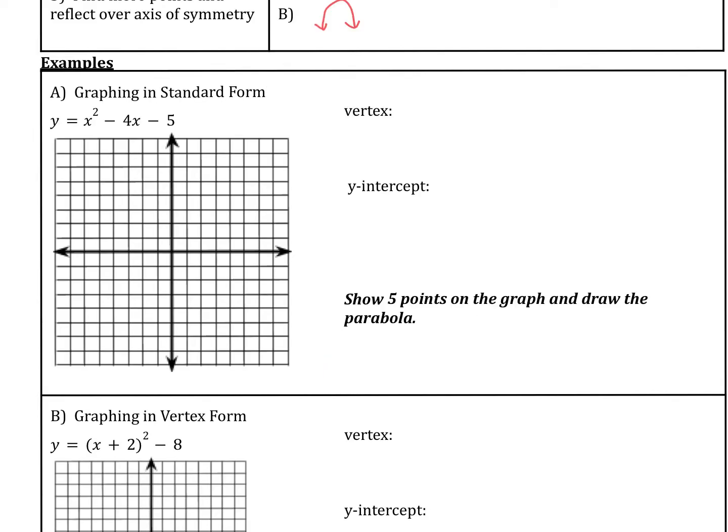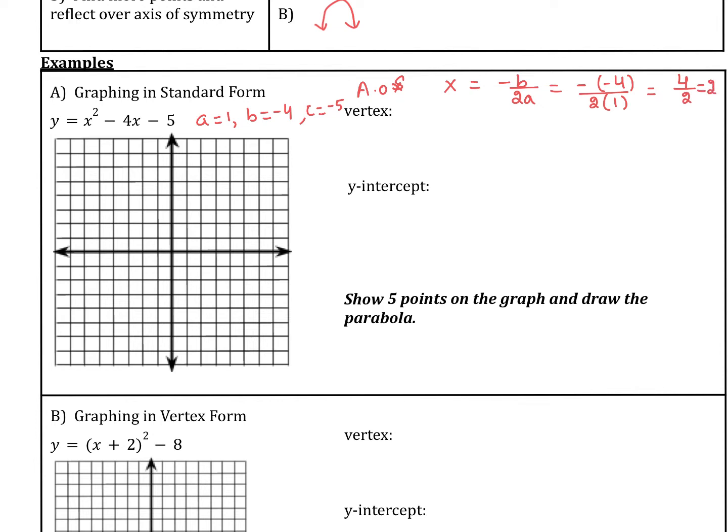For example A, to find the vertex, you first find the axis of symmetry, AOS, and the formula is negative b over 2a. So a is 1, b is negative 4, and c is negative 5. This is negative of negative 4 divided by 2 times 1, and 4 divided by 2 is 2.